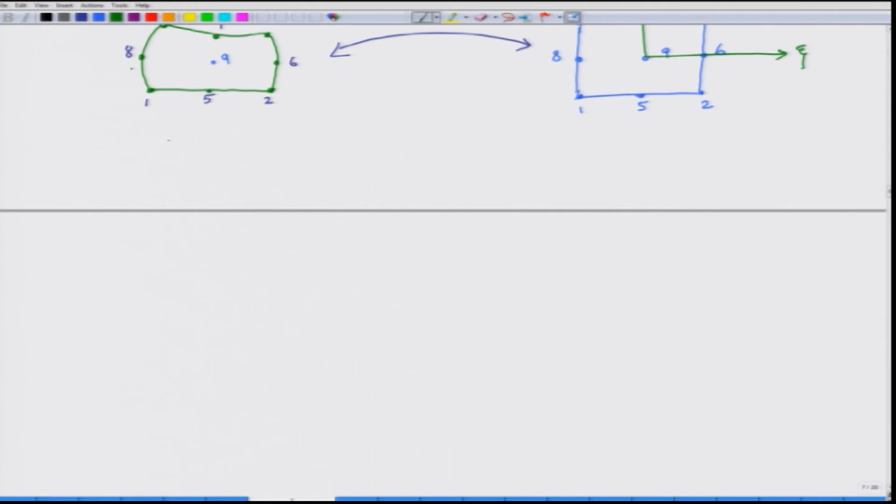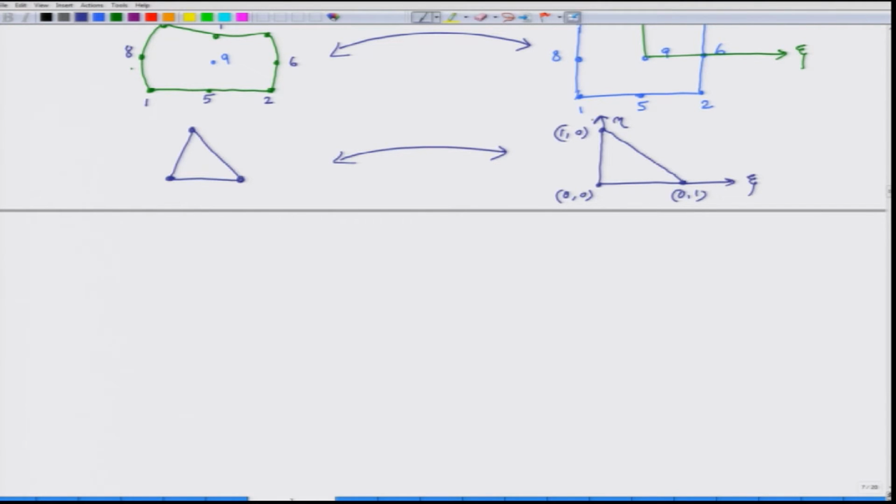And if I have triangular elements, I can have any triangle, then it gets mapped as a right angle triangle, so this is 0 0, this is 0 1 and this is 1 0. Okay.